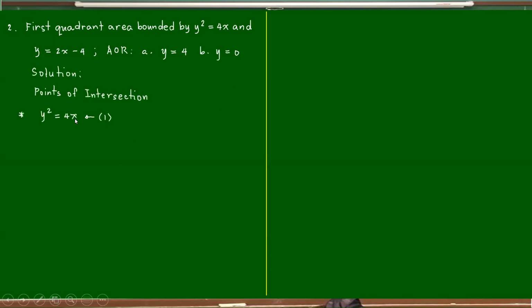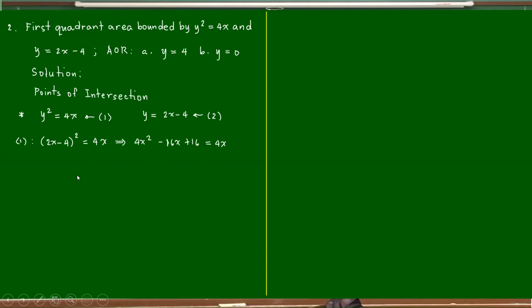So again, let's begin with the points of intersection of this parabola and the line, solving them simultaneously by substitution method. So let's substitute y equals 2x minus 4 here. So getting 2x minus 4 quantity squared equals 4x. So expanding, 4x squared minus 16x plus 16.